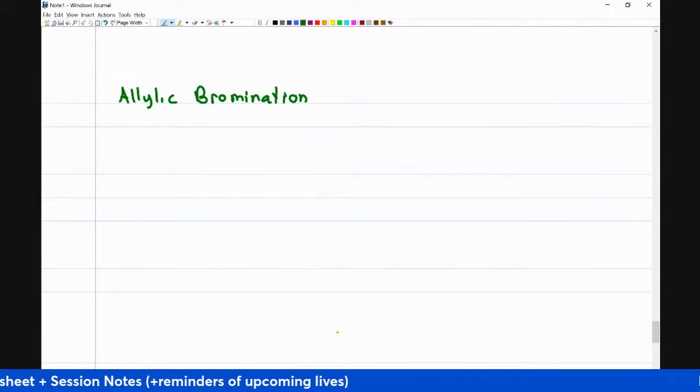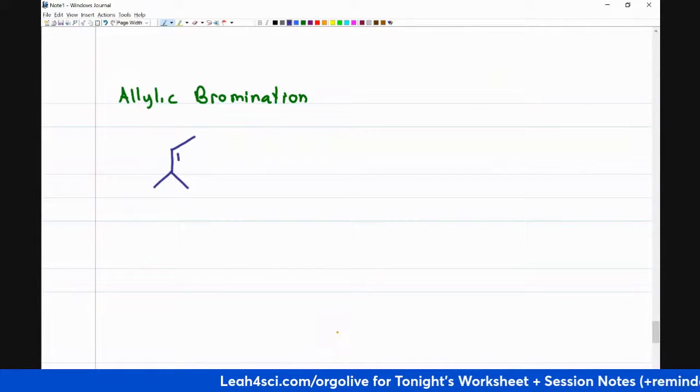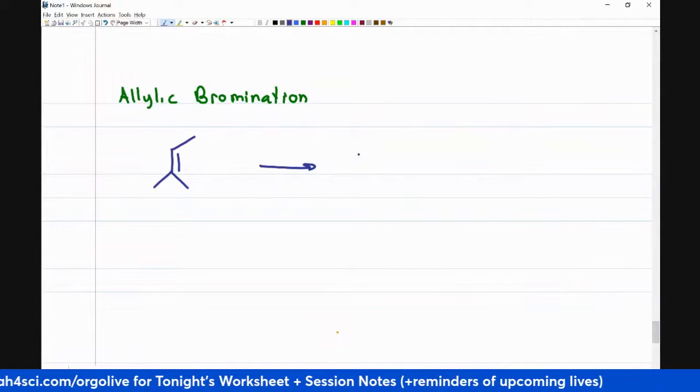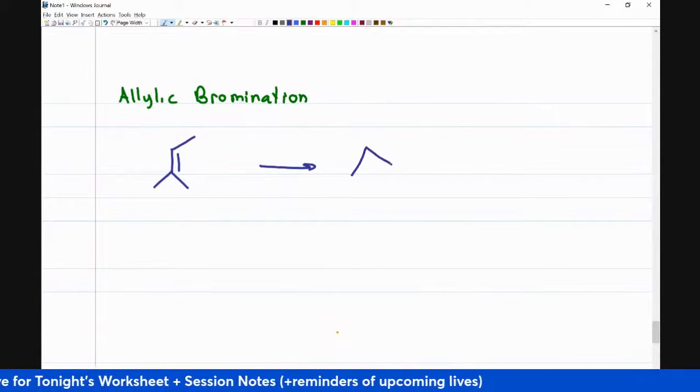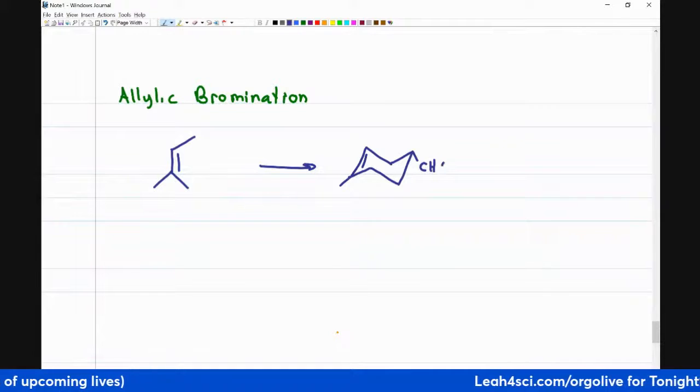One of my students, this is a tutoring client from a couple of weeks ago, had a test question that looked like this. Orgo 2 students, I want you to see if you can come up with the solution where the product looked like this. And she had to show this step-by-step mechanism.